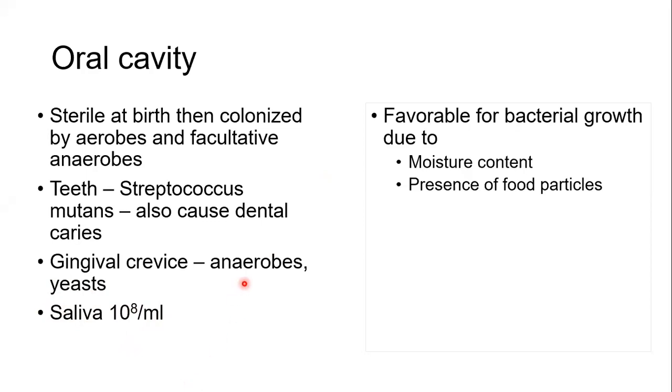So the oral cavity tends to be favorable for growth of bacteria, mainly because it's moist all the time. But at the same time, you also have the presence of food particles, which act as nutrients or surfaces on which the bacteria can settle and multiply and cause potential infection, but also form what are known as biofilms.